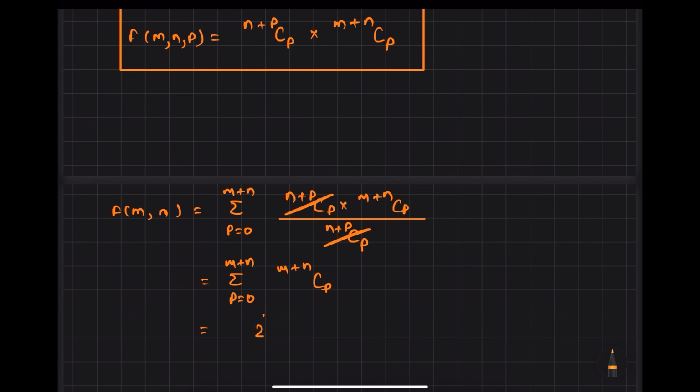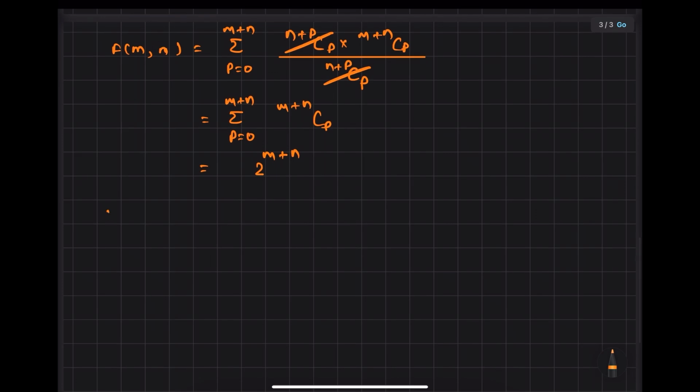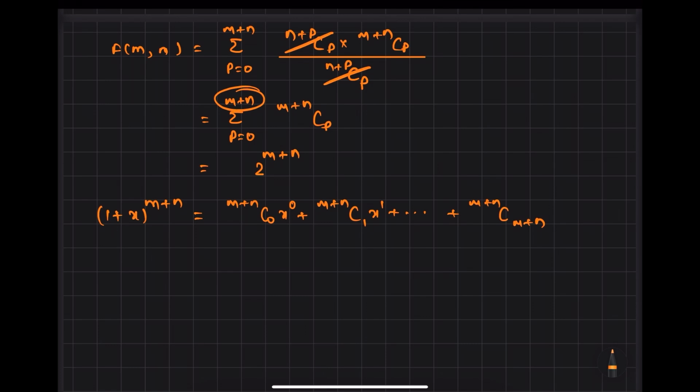So can I say that the answer would be 2^(m+n), because in the expansion of this we want the sum of binomial coefficients. So (m+n)C0 x^0, (m+n)C1 x^1, and this thing will keep on going, (m+n)C(m+n). Look at the start point and end point. Correct? x^(m+n).